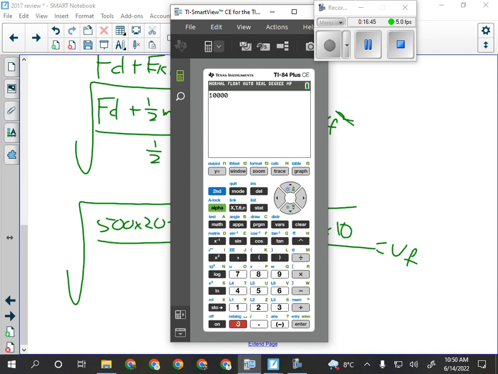I have the right number of zeros because I started out with 100. Okay, plus, and I need 0.5 times 100 times 9. That's better. Okay, minus 100 times 9.81 times 10. Good, I don't get a negative number. Okay, divided by 0.5 times 100. Oh God, I can't believe I put that in. I didn't just write in 50. I'm ashamed.